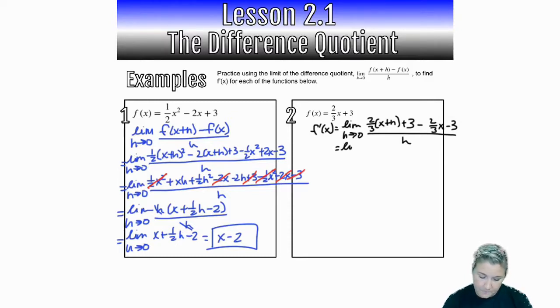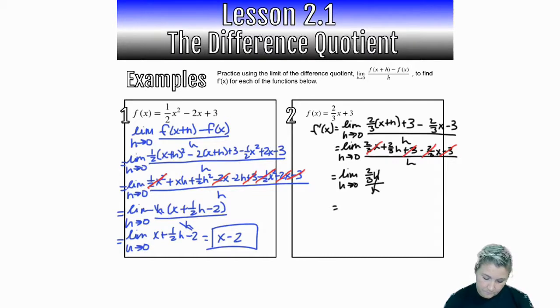So now distributing and simplifying like terms. So what you'll notice here is that the derivative, which is the slope of the tangent line.